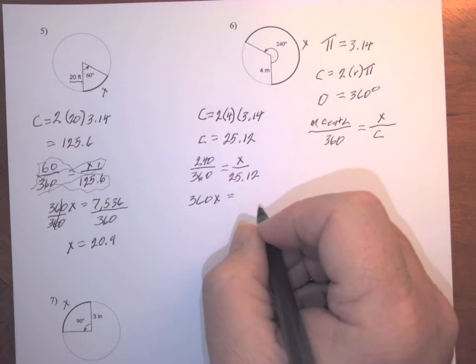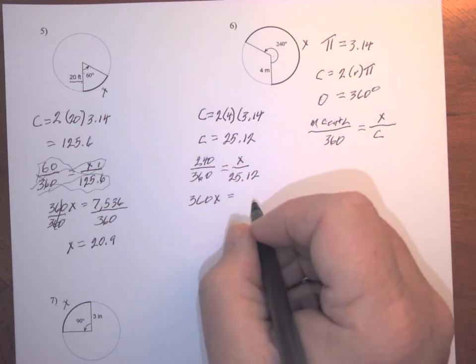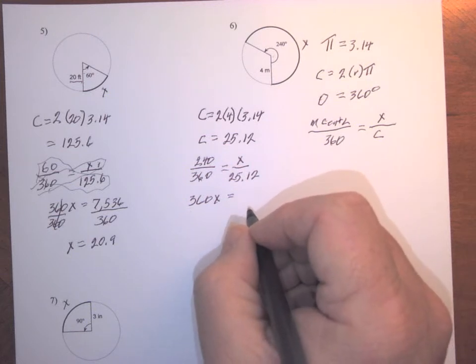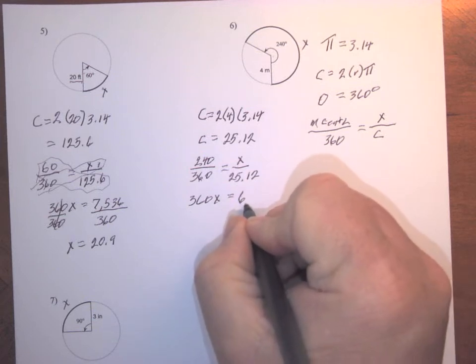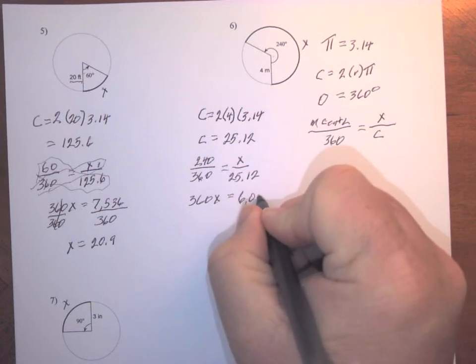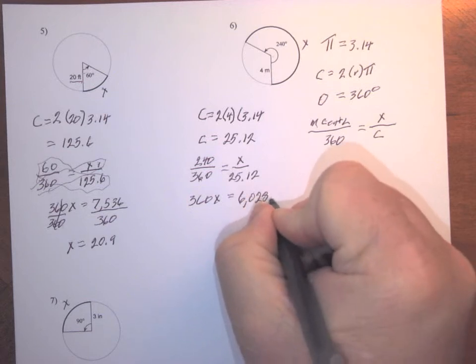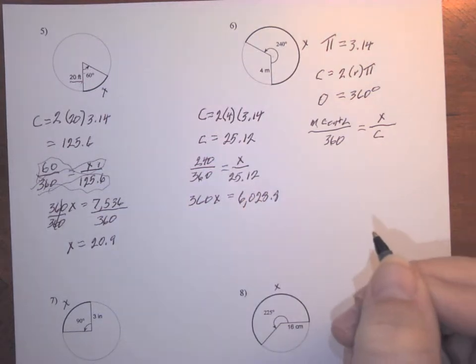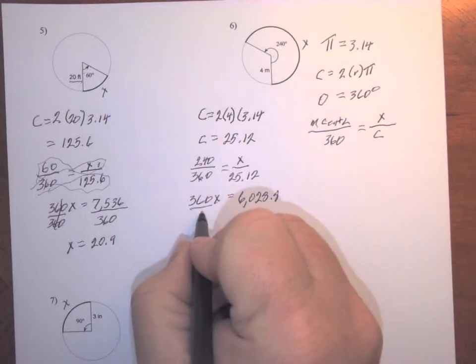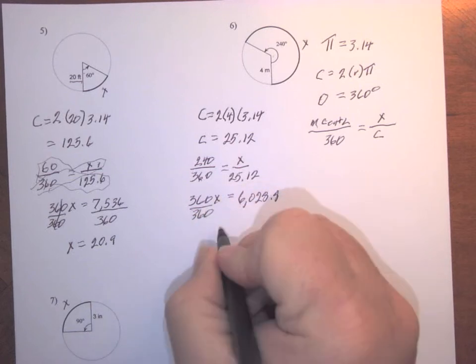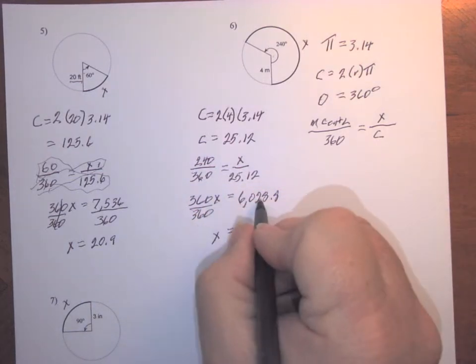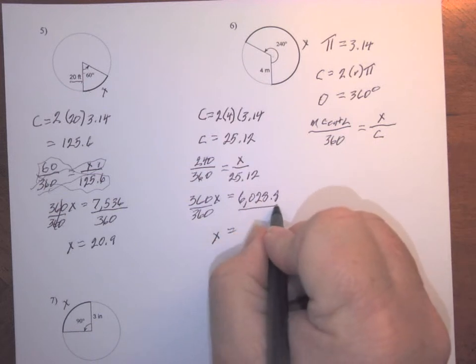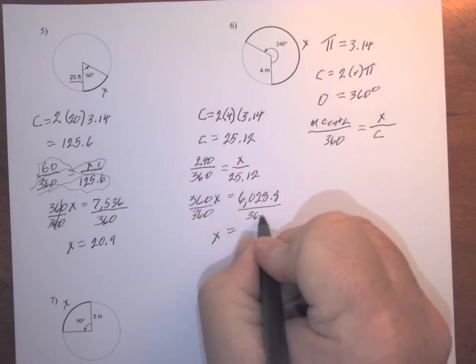which I have to calculate here. It's 6,028.8. Okay. We divide by 360 on this side so that we end up with a single x. And that means we have to do the same thing to the other side and divide by 360.